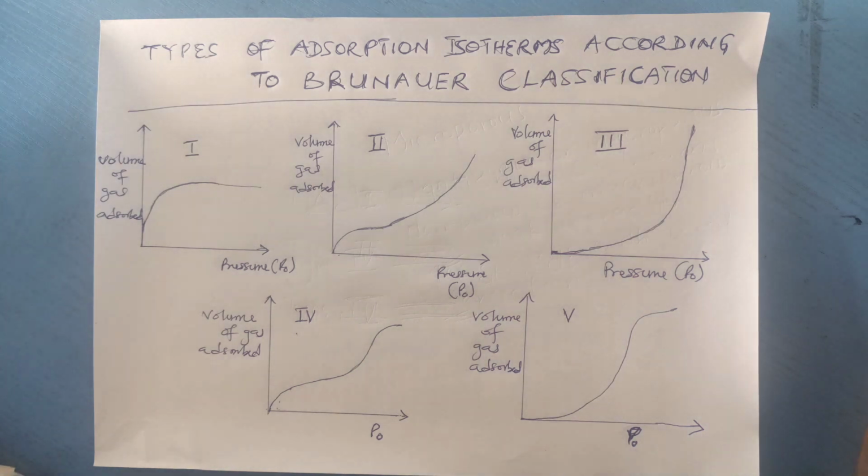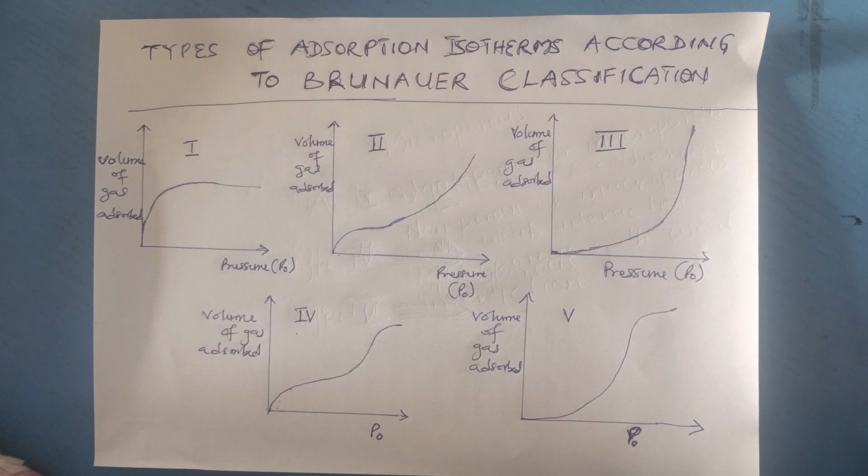I am bringing up the types of adsorption isotherm using the Brunauer classification. You must have seen types of adsorption isotherm coming out as type 1 to type 5. I will be explaining what each of them means.